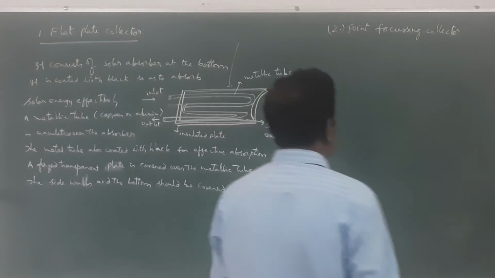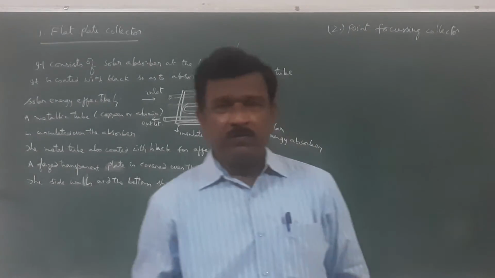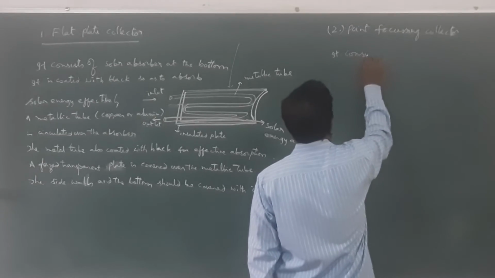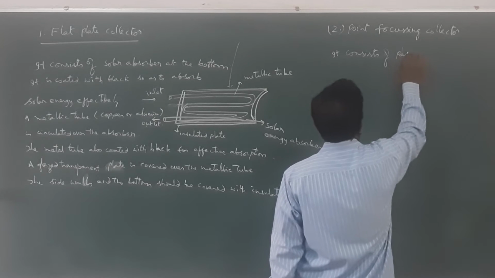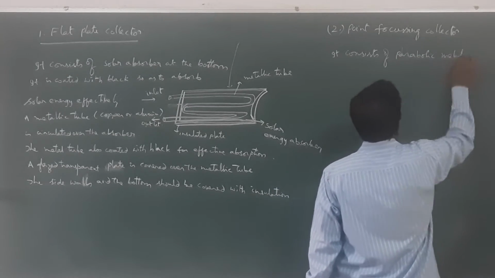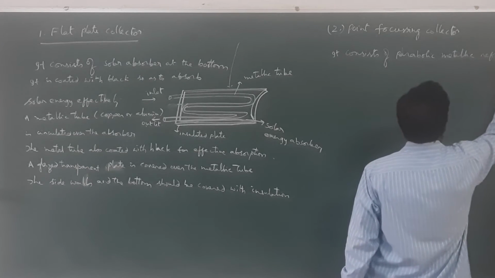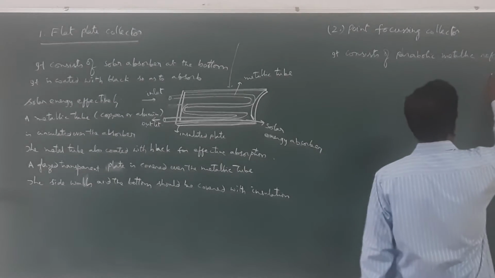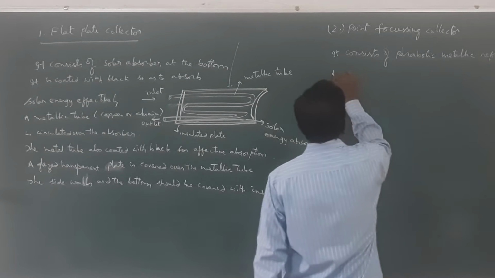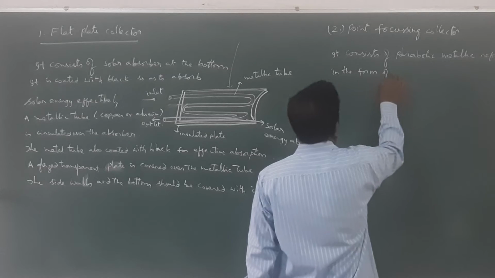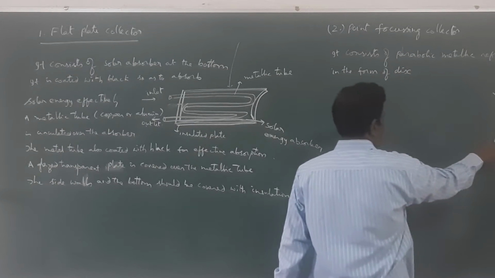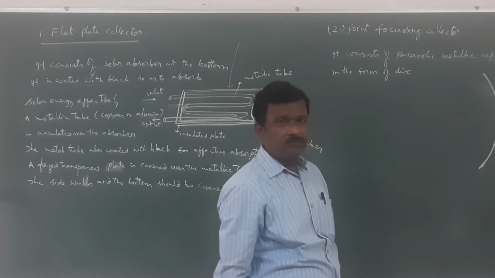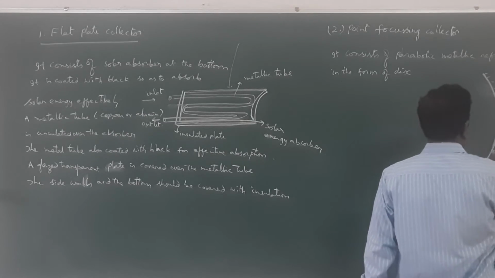This point focusing collector consists of a number of parabolic metallic reflectors, metal dish reflectors in the form of a dish. It is like a semicircular disc, and the back surface is coated with black.